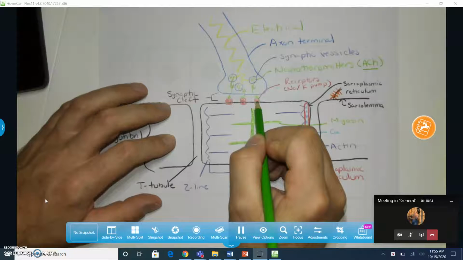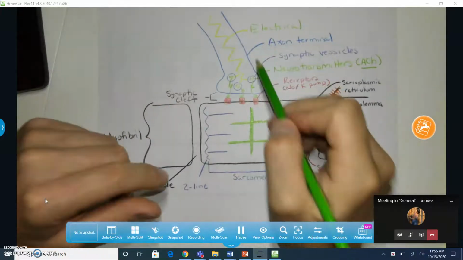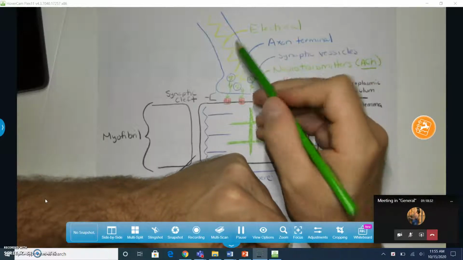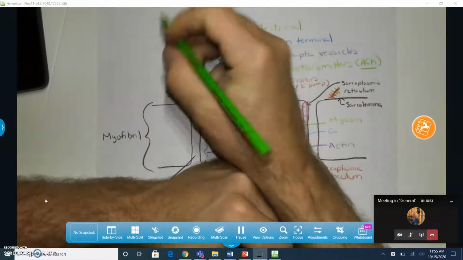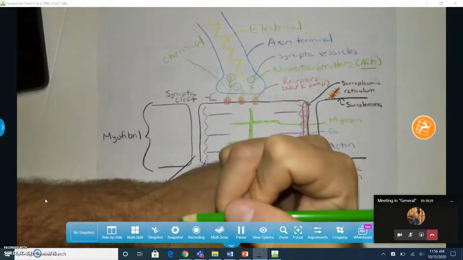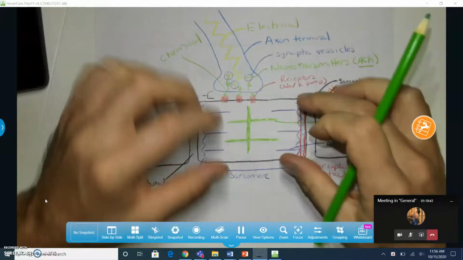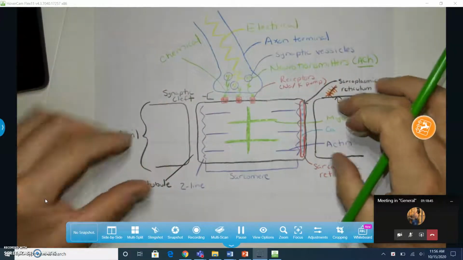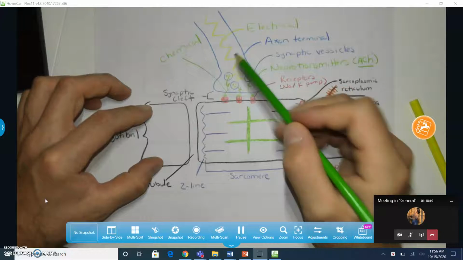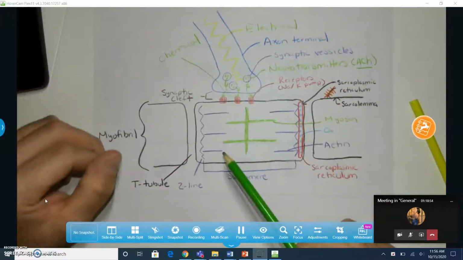They stick to them. At this point, our impulse is no longer electrical. Our impulse has changed to chemical. It's still telling us we want this sarcomere and all the others in this myofibril to contract, but it's no longer electrical. So our impulse changes from electrical to chemical.